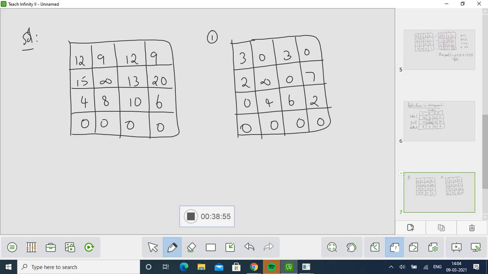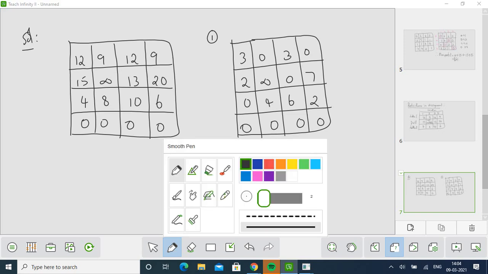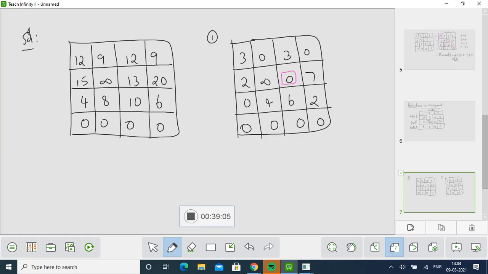Now how to pick the 0? In every row, if there is only one single 0, first circle those. In my second row there is only one 0, and in my third row there is only one 0. So I have chosen these two zeros. Now I want to choose a 0 from the first and the fourth row. I can choose this 0 here and this 0 here.